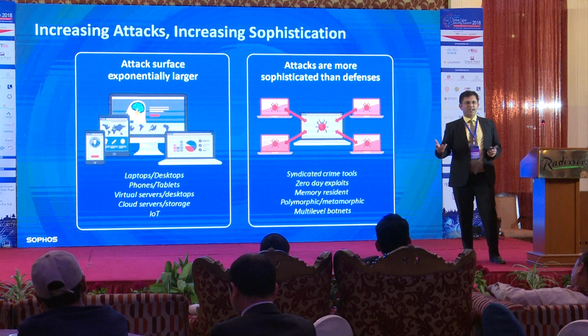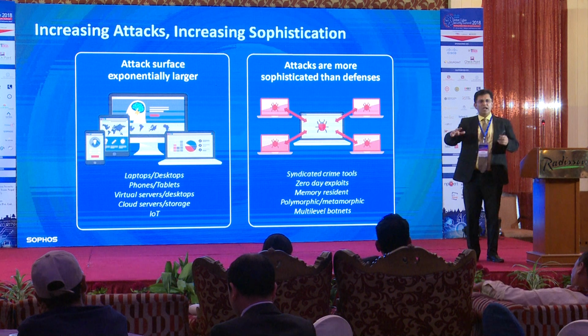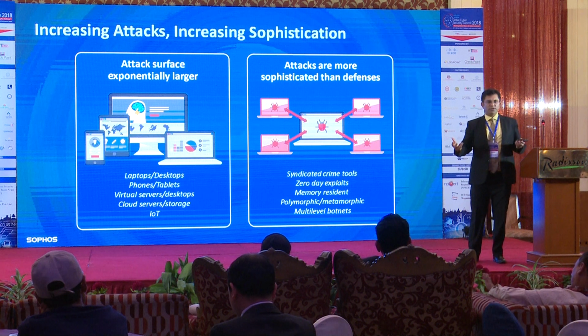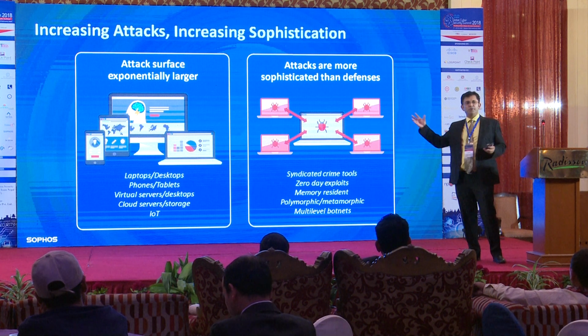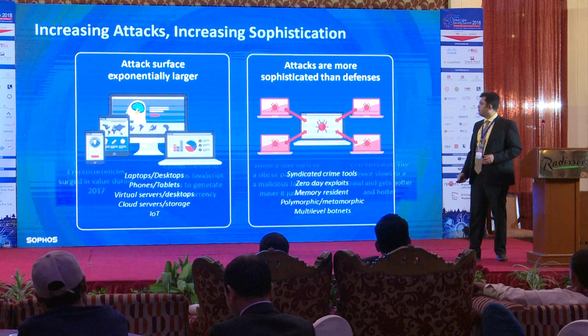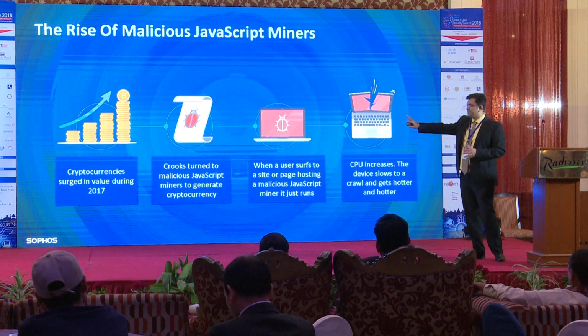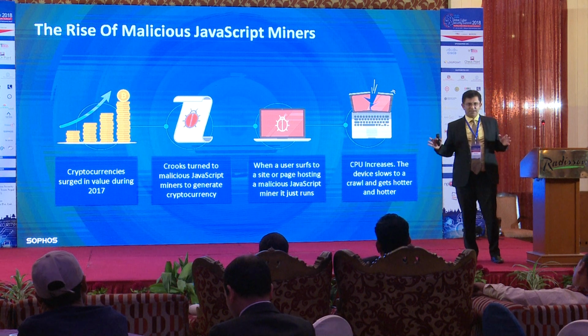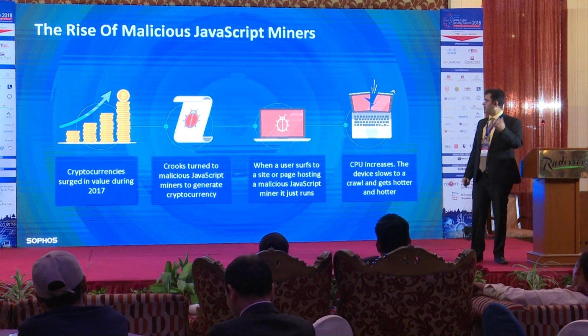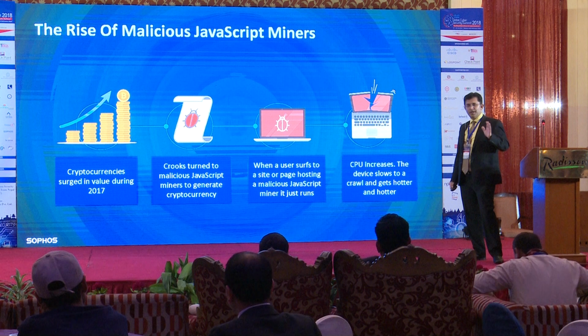Tabs, servers, all are endpoints, and all their CPU units or GPU, graphical processing units, can be used to mine the cryptocurrency. So this has increased drastically, and it will continue in the times to come.